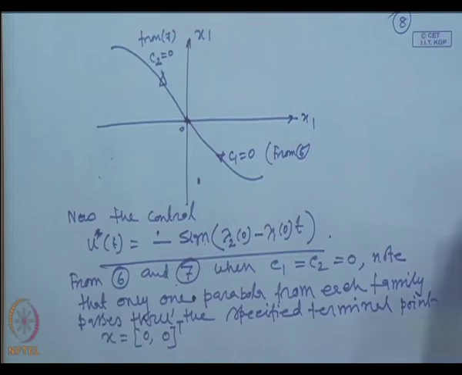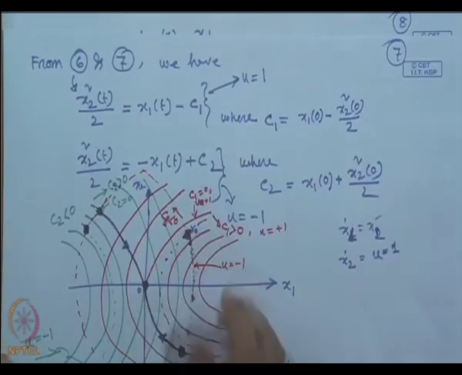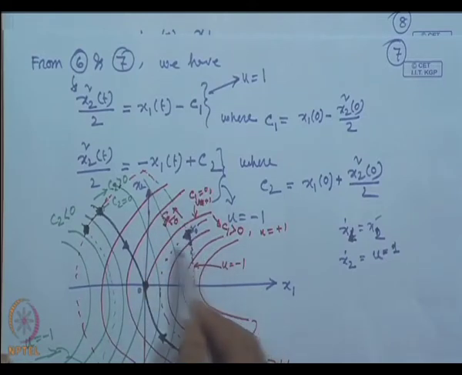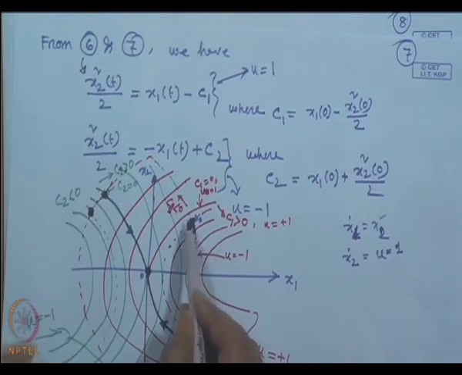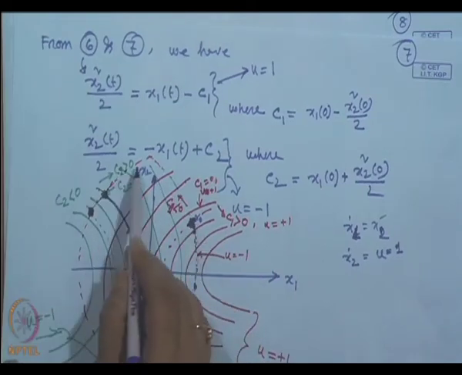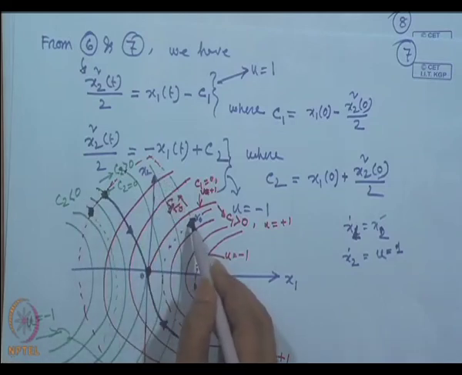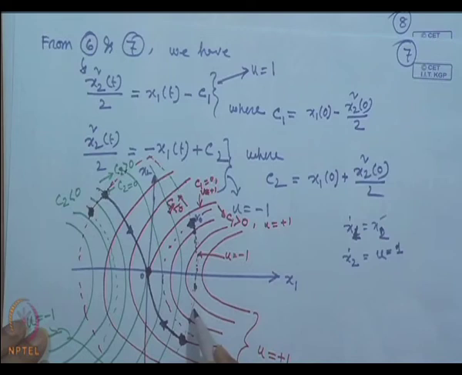That means, if you see this one from 6 and 7, if the initial condition is anywhere in the fourth quadrant, or anywhere in the first quadrant, then it will move along u is equal to minus 1 first, and you have to make the switch, u is equal to minus 1, then it will continue along this path.